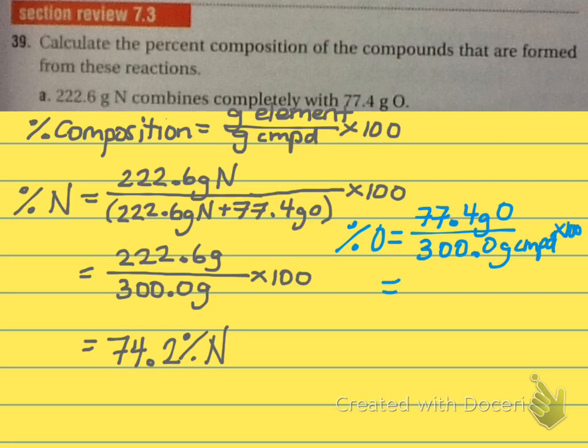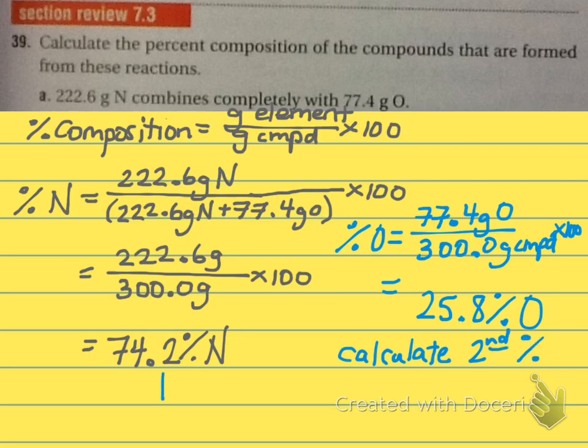So 77.4 divided by 300 times 100 is 25.8% oxygen. I would recommend that you calculate the second one rather than subtracting from 100, because if you subtract from 100 and this answer here is wrong, that automatically means this answer would be wrong as well. So there's A.